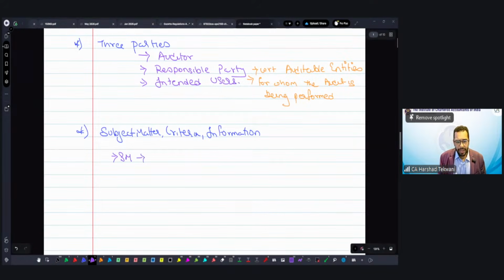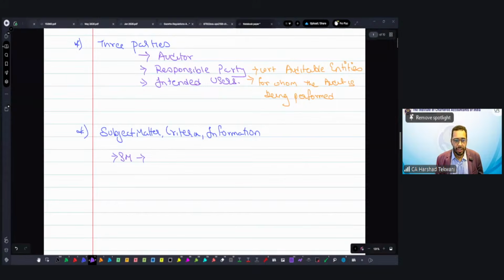When we talk about the subject matter, it is the thing that is being audited. In case of a financial audit, what is the subject matter? Yes, very good. Financial statements. Financial statements are the subject matter which is audited in case of the financial audit.